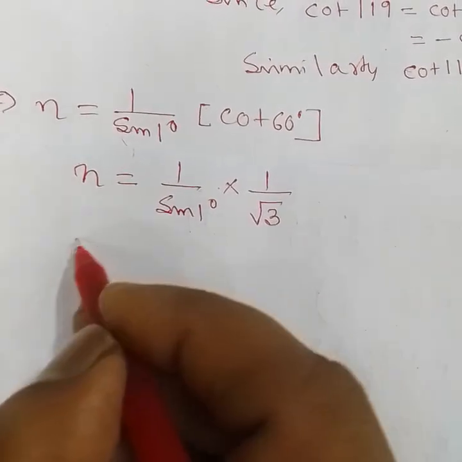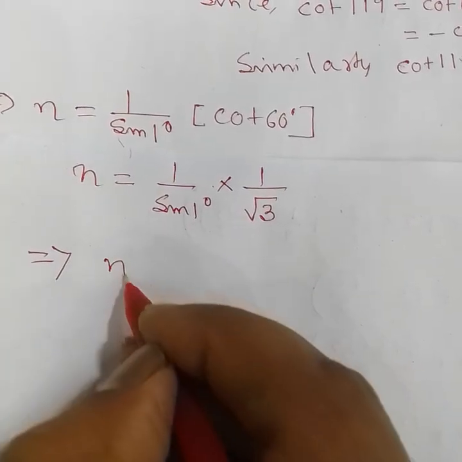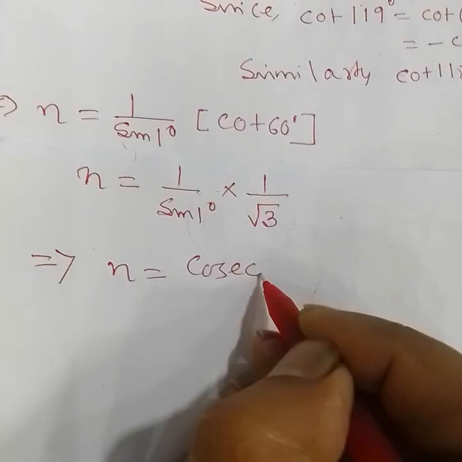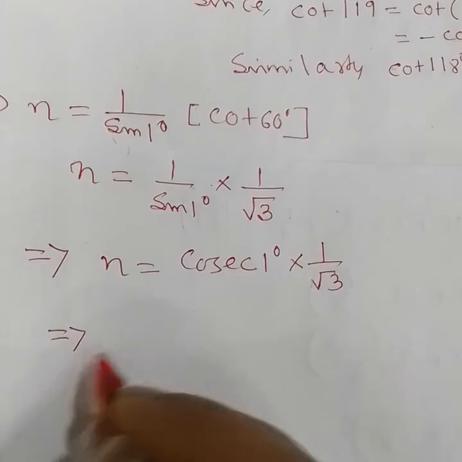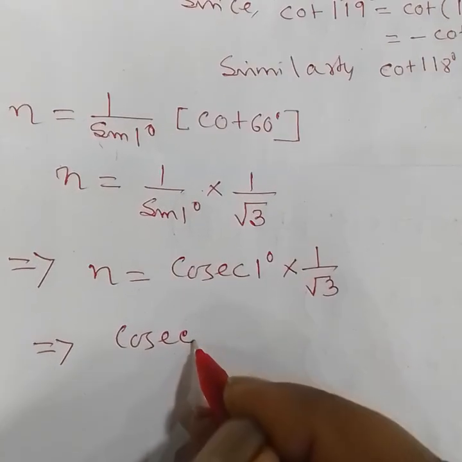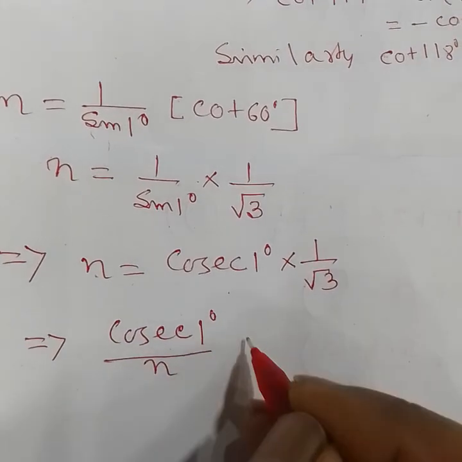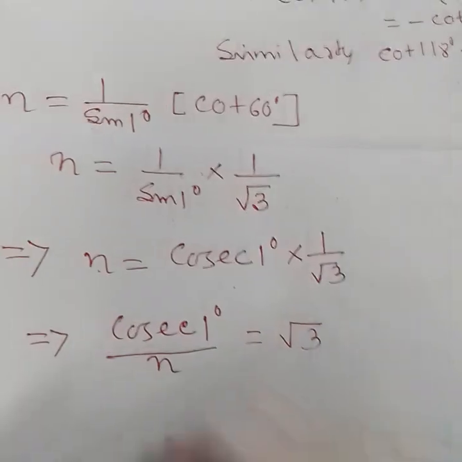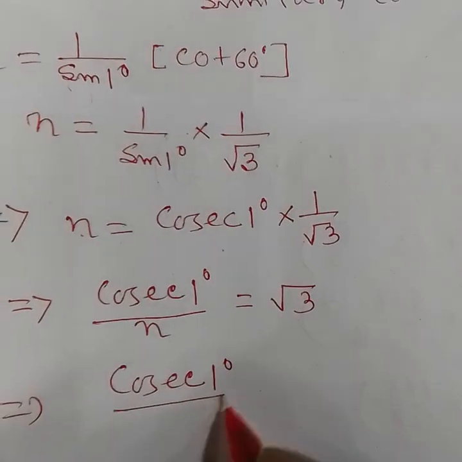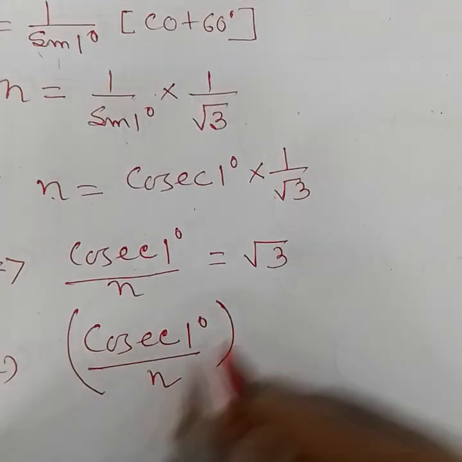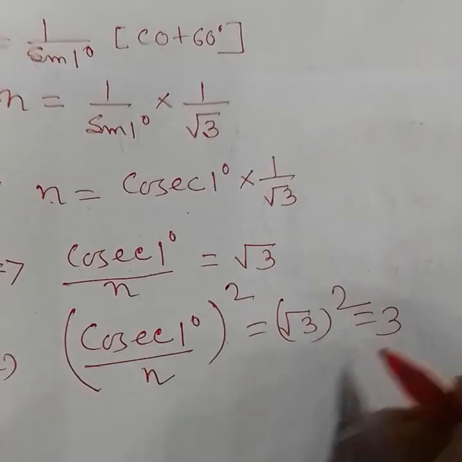Then n equals cosec 1 degree into 1 by root 3, which implies that n equals cosec 1 degree divided by root 3, or cosec 1 degree by n equals root 3. So (cosec 1 degree by n) whole square equals root 3 whole square, equal to 3.